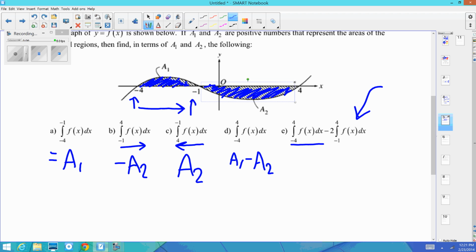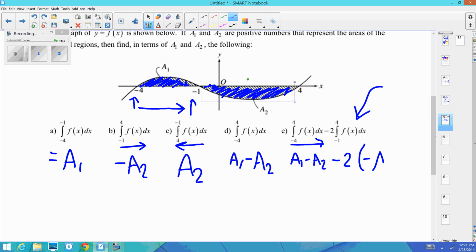We know this part. We're going from left to right, and we know that's A1 minus A2, and it's minus A2 because it's below the x-axis. Okay, it's the area of the first one minus the area of the second one. Okay, minus 2 times, now what's the integral from negative 1 to 4? And we already did that.